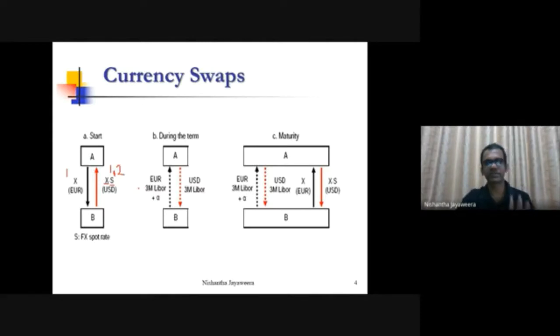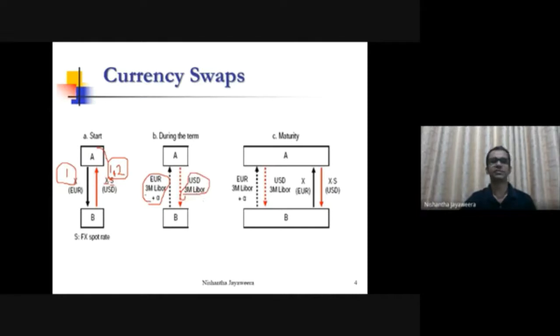But remember, it's not a mandatory thing. However, at least we assume that. We assume that party B borrows 1 million euros and party A borrows 1.2 million dollars. And in this example, both parties agree to pay a floating rate.